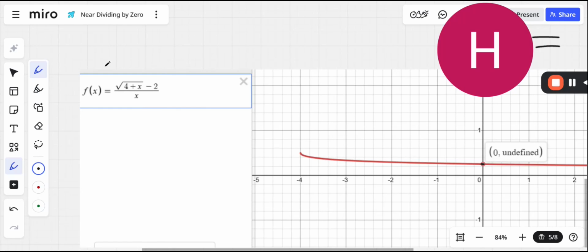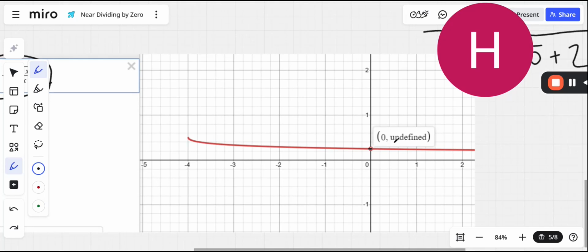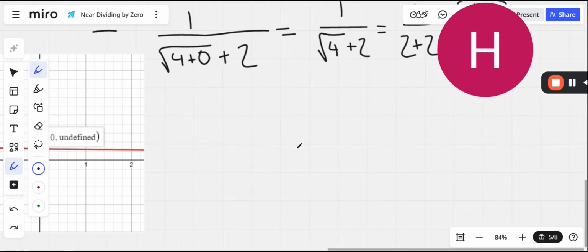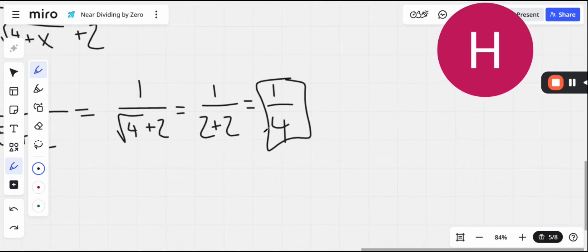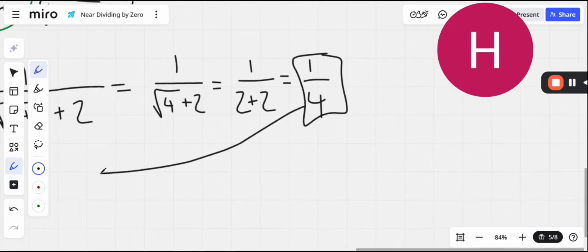So there's the function. Here's the graph of the function. It obviously has a domain restriction due to being an even radical function. And then here at 0, we get something funky. So the 1/4 that we found here is not the actual value of the function.